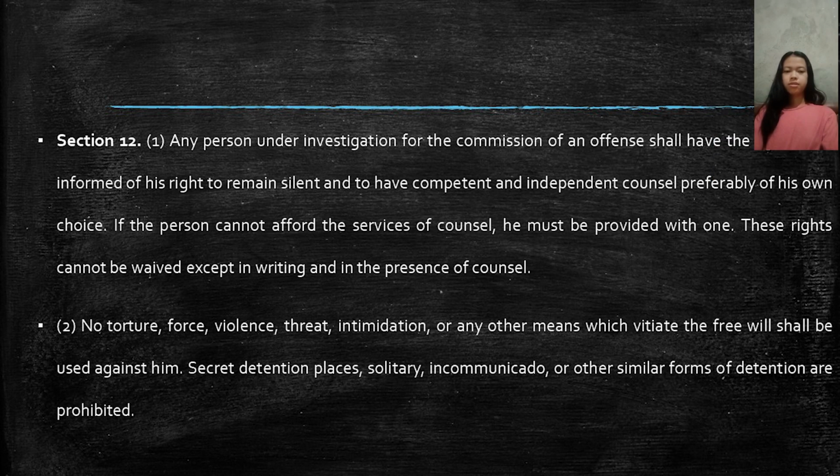The Bill of Rights, Section 12, explains why we have the Miranda Doctrine. The Miranda Doctrine provides the accused his awareness of his rights to remain silent and to an attorney, and if he cannot afford one, he must be provided with one.